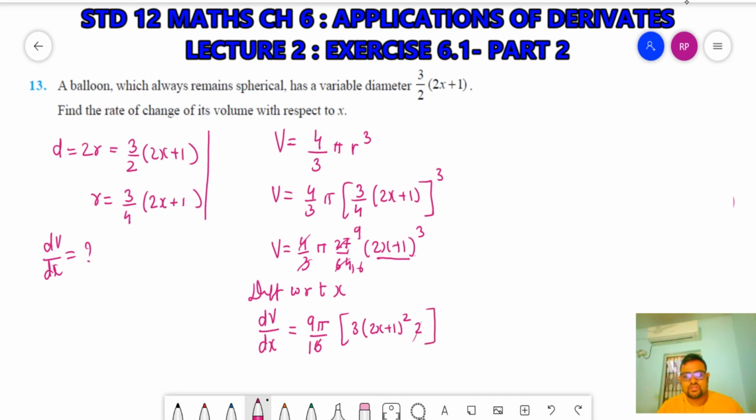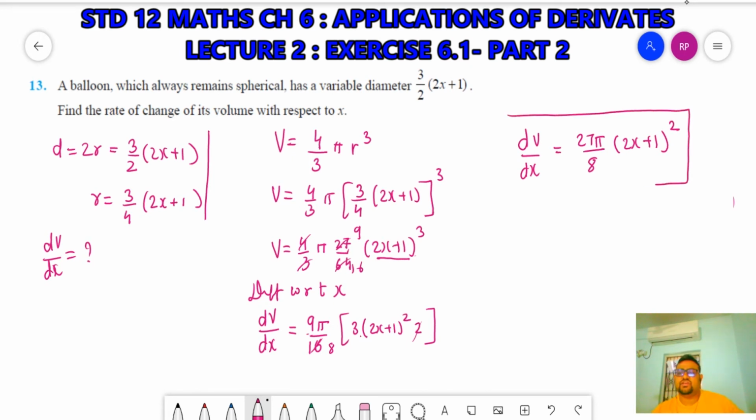Okay, so 2 ones are 2, 2 eights are 16. So dV by dx will be equal to 9 into 3, that is 27 pi upon 8 into 2x plus 1 whole square. So this is the rate of change of volume with respect to x.